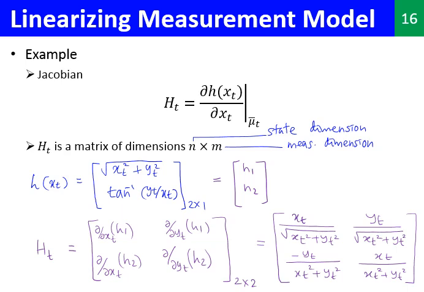This Jacobian matrix Ht should be evaluated at mu t bar, which means we take the mean vector mu t bar and substitute for the x and y values. Understood?